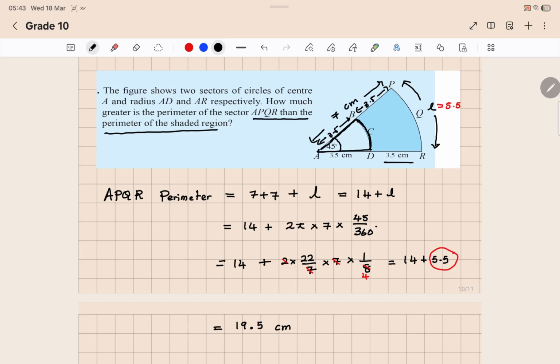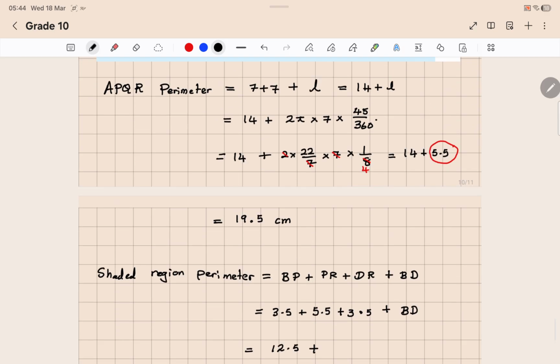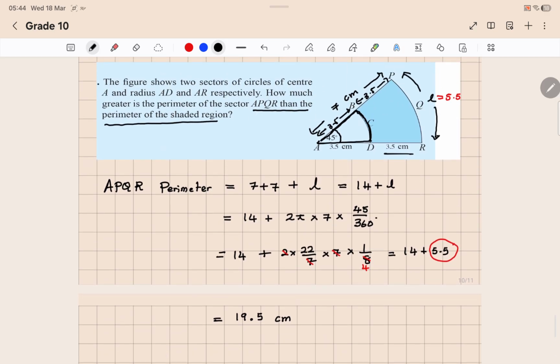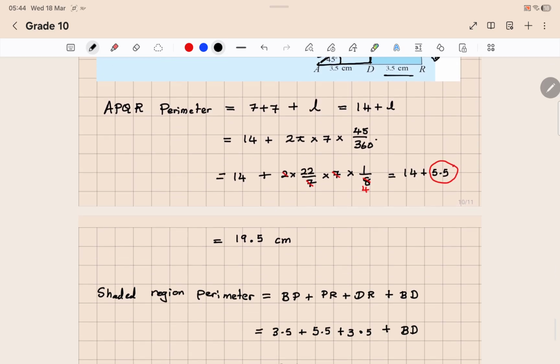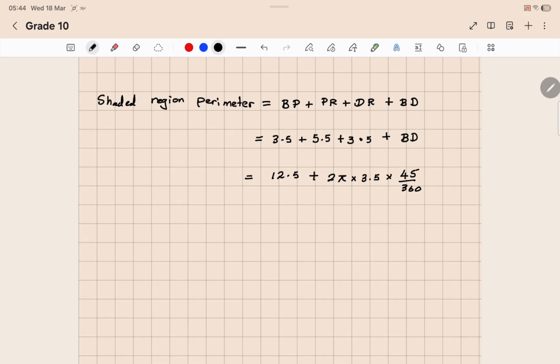So we need to again use the arc length formula. Before that, we'll simplify this: 12.5. And BD is this arc length. So 2 pi, radius is 3.5, angle is 45. So 45 over 360.